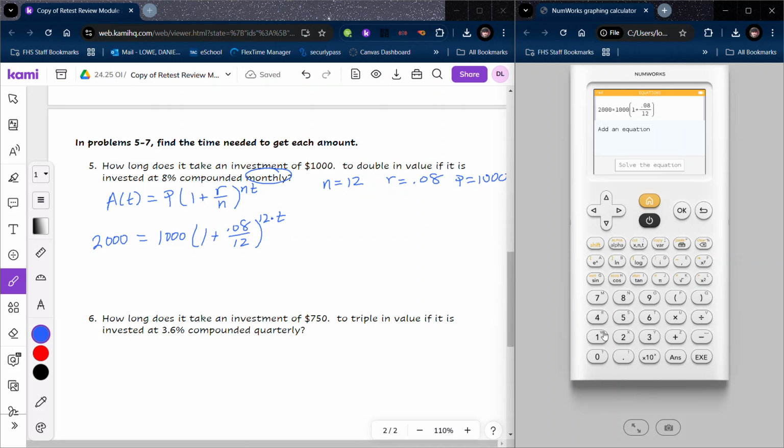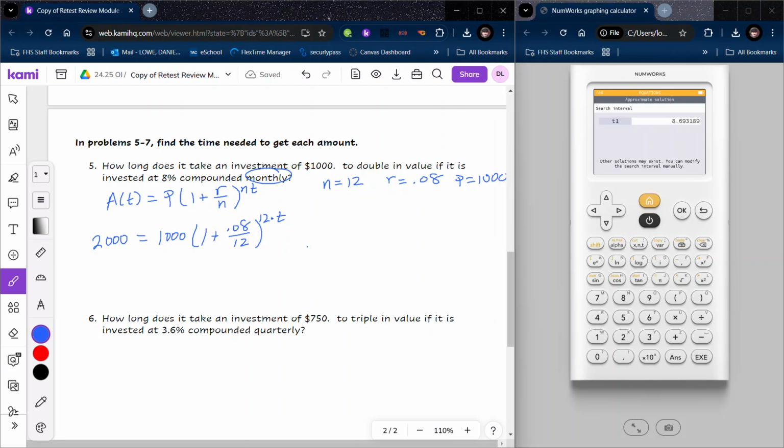And that's going to be raised to the 12 times t power. I'll go ahead and change this to a t because I can. And say, let me solve that equation. And it tells me that my solution is approximately 8.7 years, if I want to give it to one decimal place.